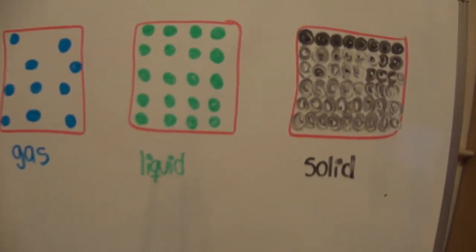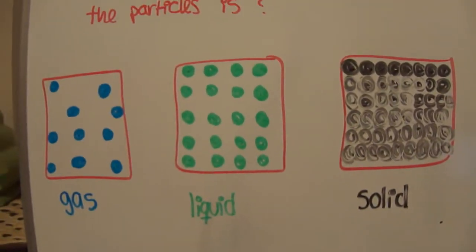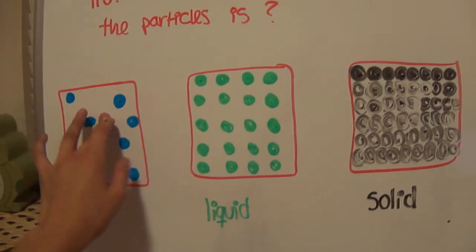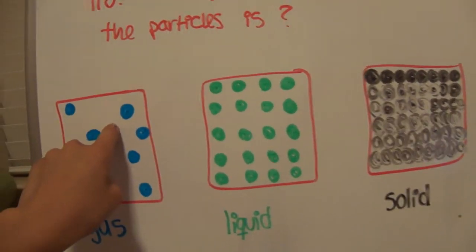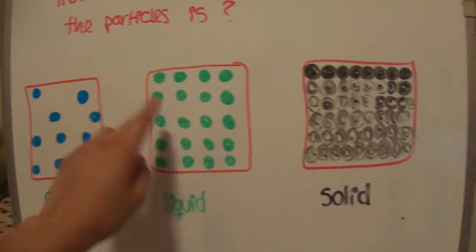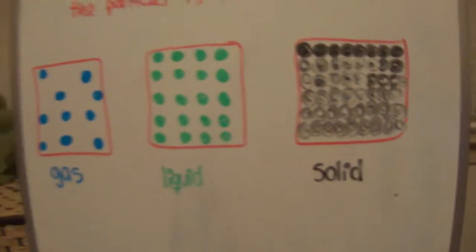That says very large relative to the size of the molecules because as you can see here, the distance in between the molecules in the gas is greater than in the ones from the liquid or the solids.